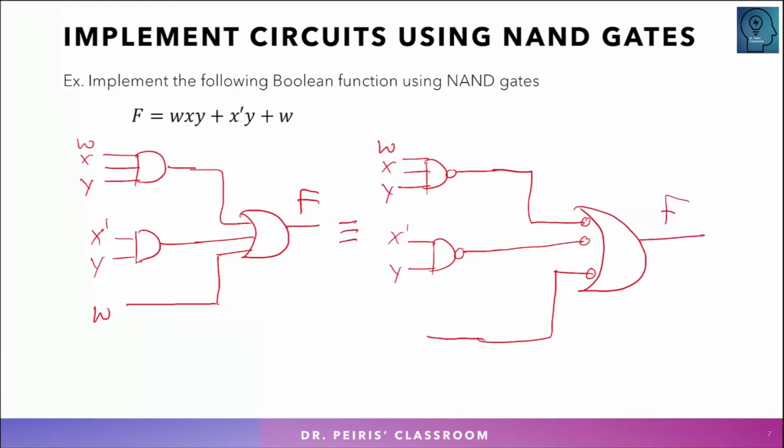So again, as in the previous example, you made the compensating bubble here, so you need to change it over here. The W becomes W prime, which means you compensate that bubble over here. These are already compensated, so there is no problem with that. Make sure you do this one to make it correct.